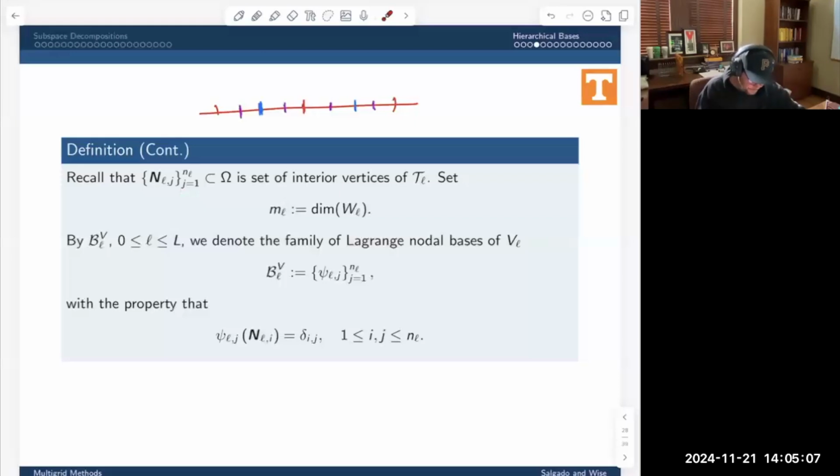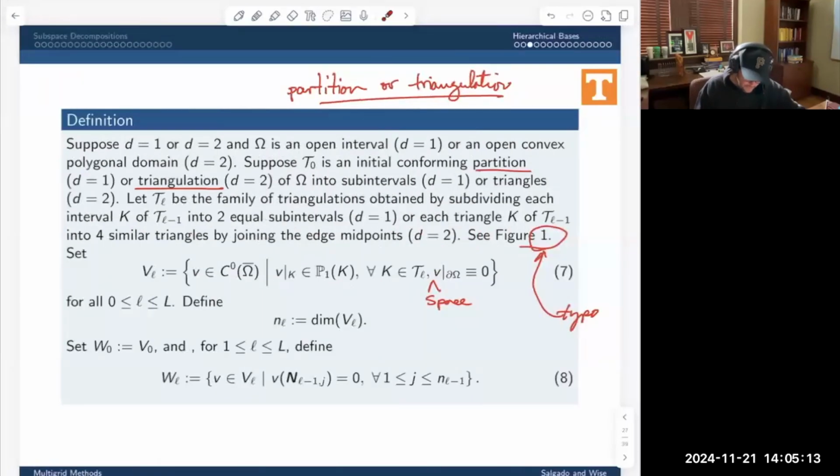Okay, now let's have a thought just for a minute. What would be the dimension of that space? Well, it's certainly not the dimension of this space, because I'm nullifying certain values of V at certain nodes. These force those nodes out from being degrees of freedom in WL.